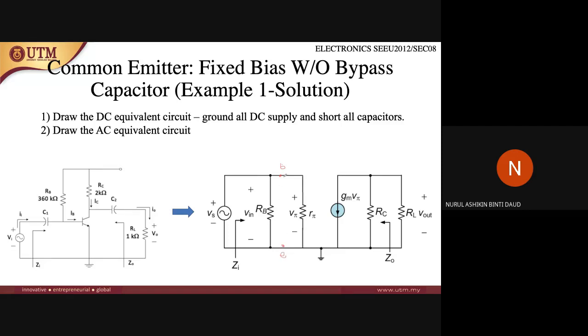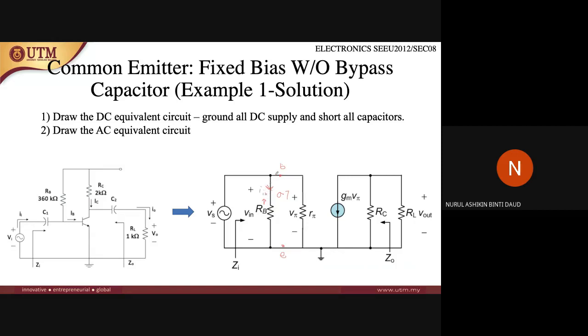Okay, so VBE is given as 0.7, and since this is parallelly connected, this is also, you can find the value of currents here. Since we know that VBE is 0.7, we can find the currents that flow here.